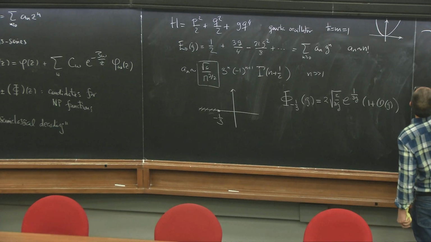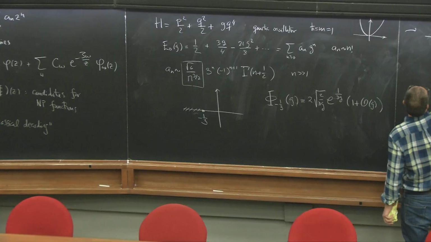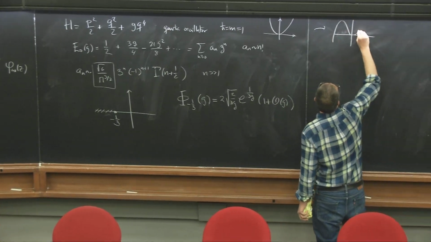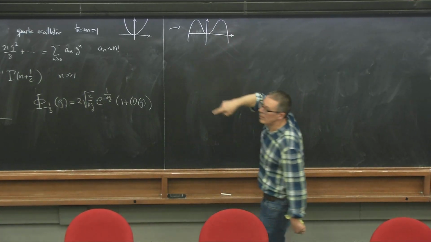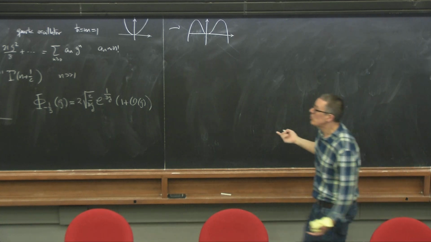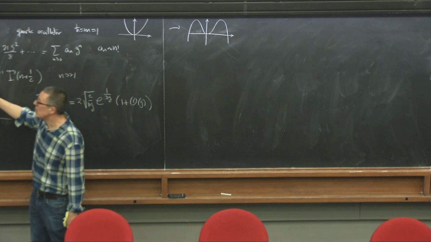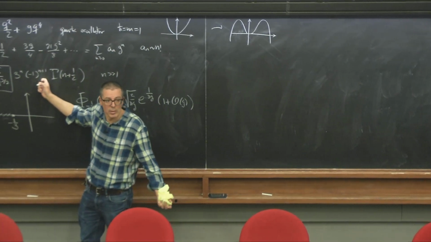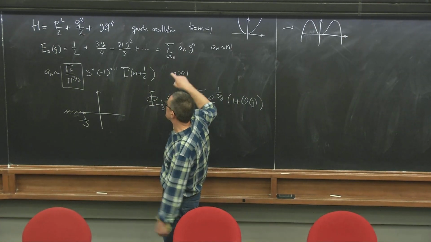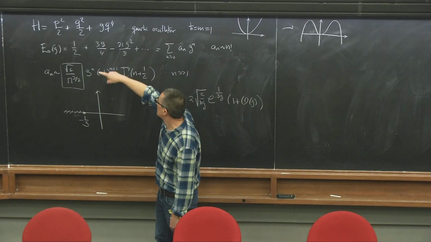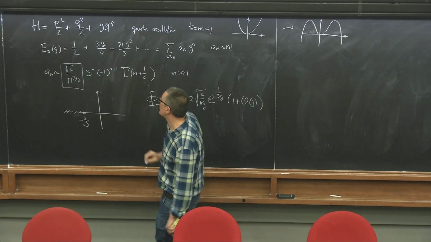So you change the sign of g, you get an unstable oscillator. So let's try to redo the analysis when g is negative. Now, when g is negative, nothing changes except the overall sign. The behavior of a_n is multiplied by g^n. So you now take g negative, you will get a series in which the coefficients are non-alternating.